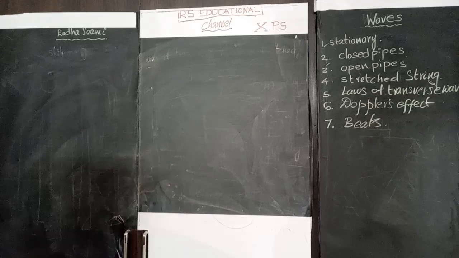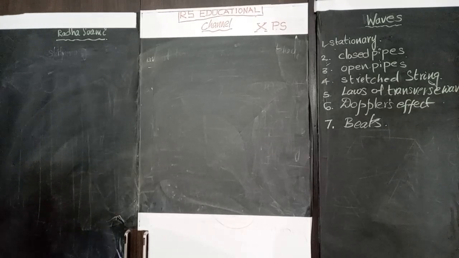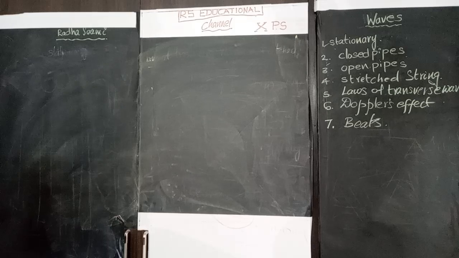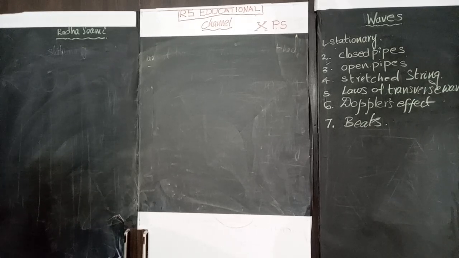Next concept is Doppler's effect. What is Doppler's effect? I will explain clearly. Listen first. The apparent change in the frequency of sound due to relative motion between the source and the observer.